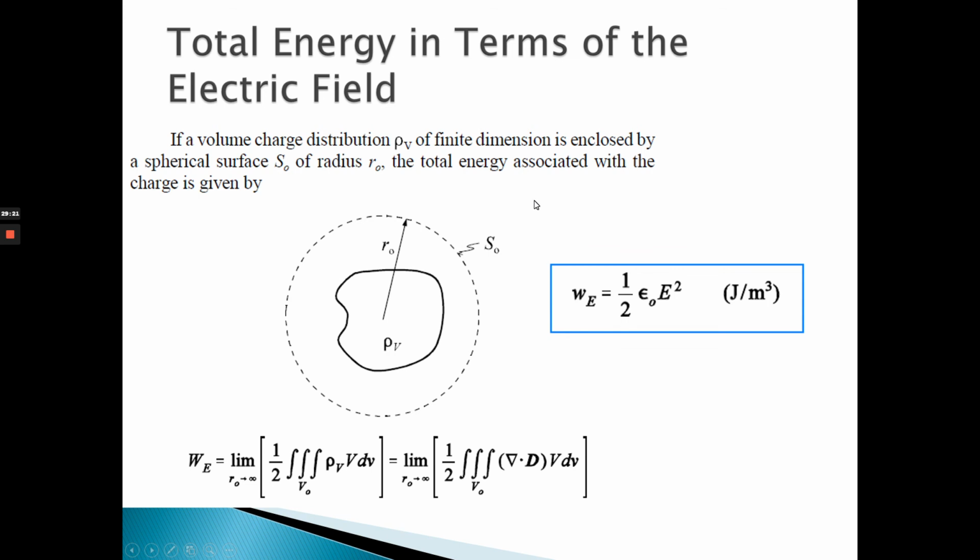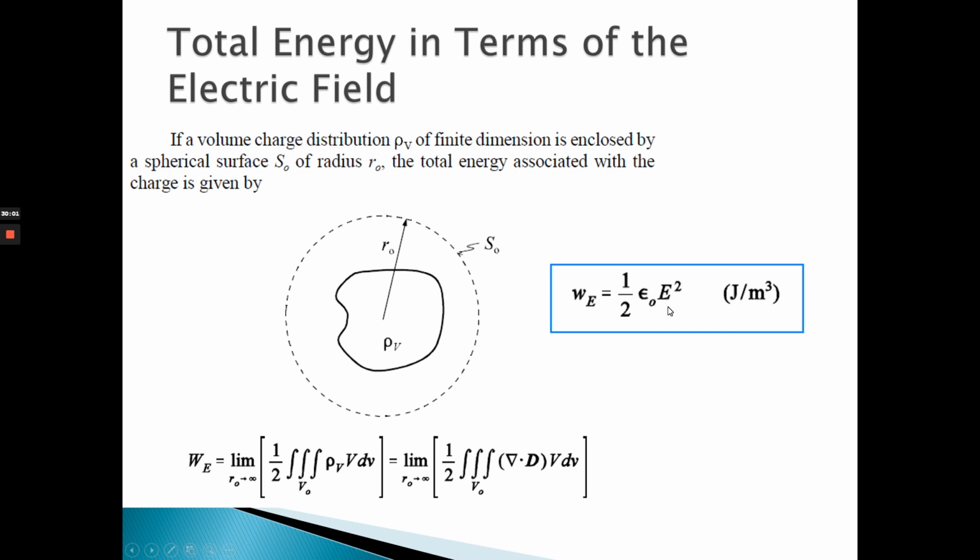So at the end of all the long derivation, we get WE, the total energy held by any enclosed surface or any enclosed object or any Gaussian surface or object, is equal to half of the permittivity, epsilon naught, the dielectric constant of that material, times the square of the total electric field strength.